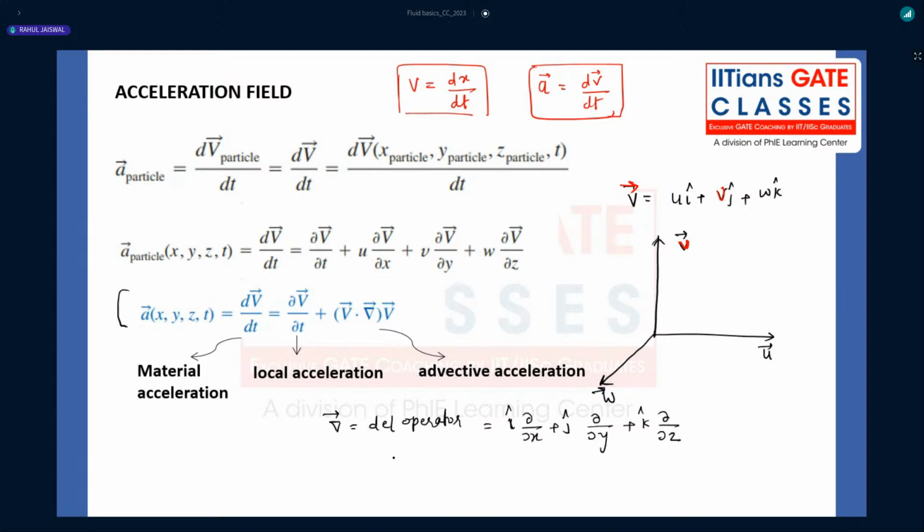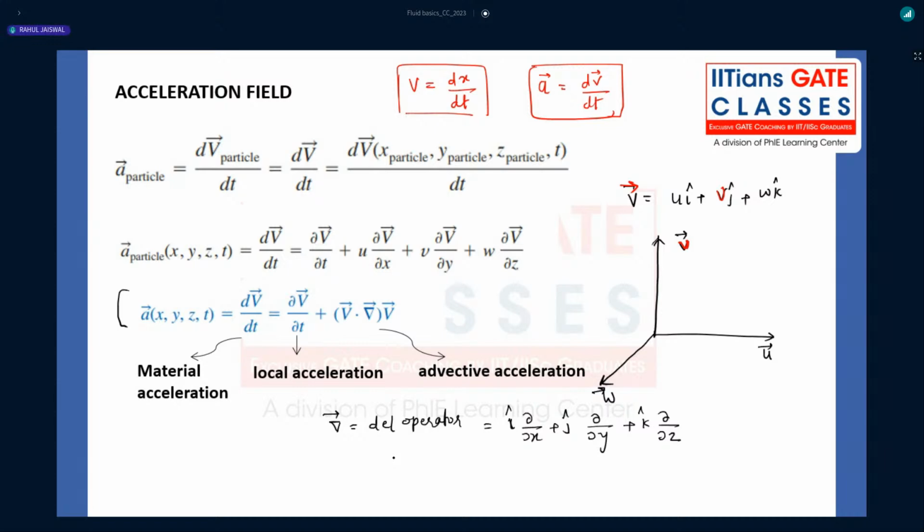This thing you will study in vector calculus. Any one of you know about this del operator? Tell me, guys. Perfect. Now, quickly just note down. So dv by dt can be written as dou v by dou t plus v dot del into v.